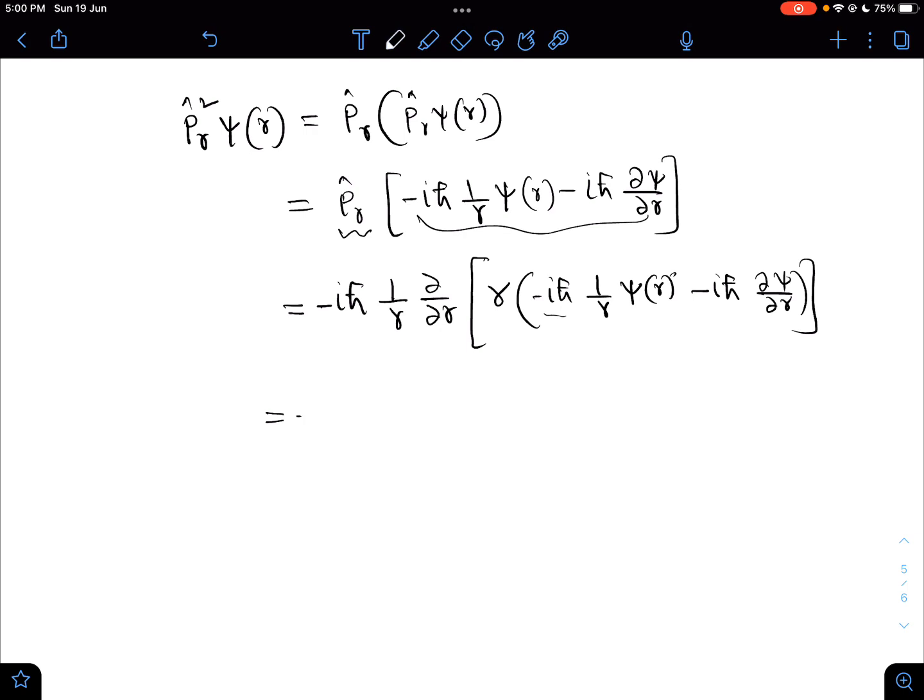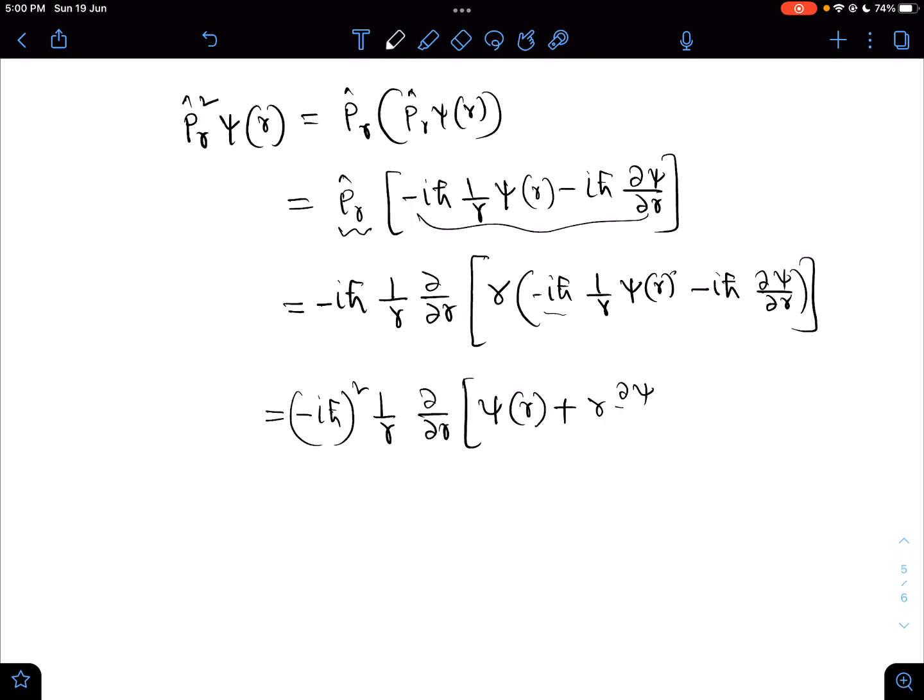So we have minus i h cut squared 1 by r del by del r of psi plus r del psi del r.